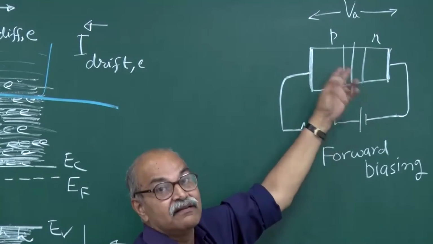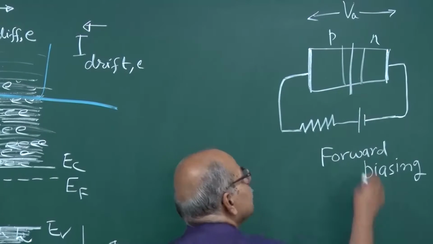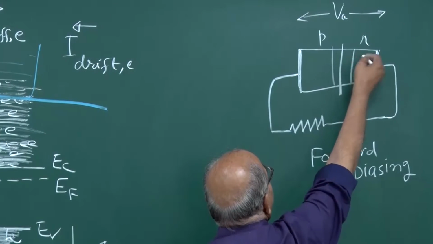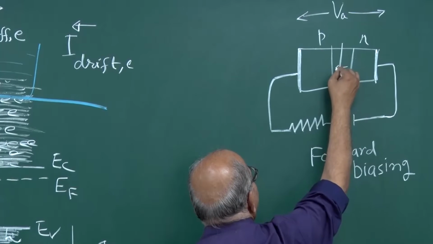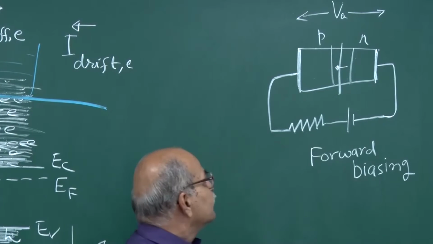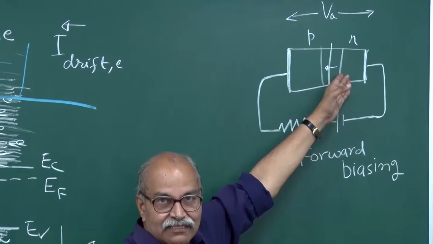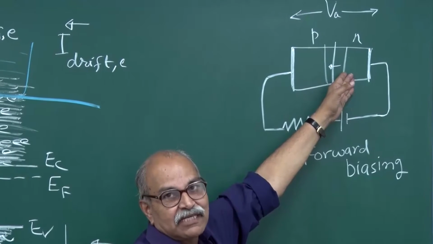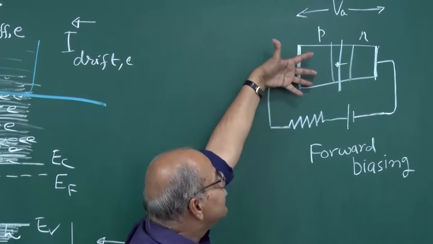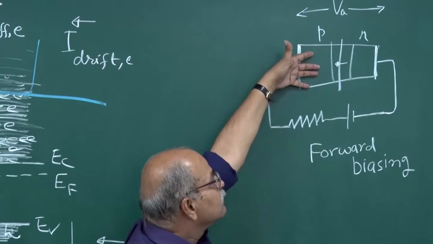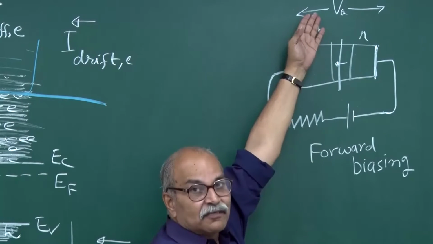That internal inbuilt potential difference is always there because of the electric field, because of these negative charges here, positive charges here. This electric field creates a potential difference. We have made all the calculations for that quadratic potential distribution. On top of that, you are raising the potential of this P side as referred to this N side by this amount VA.